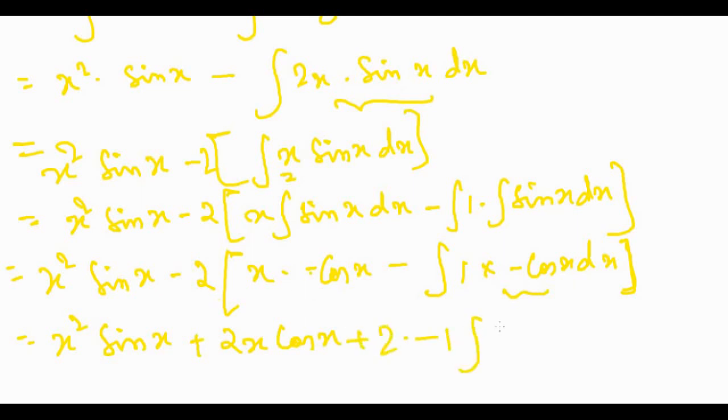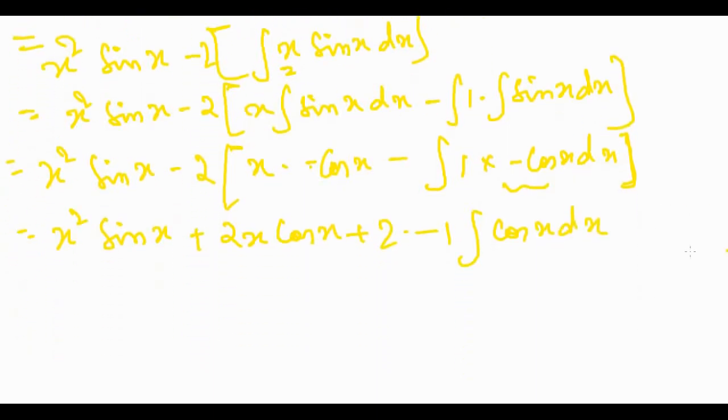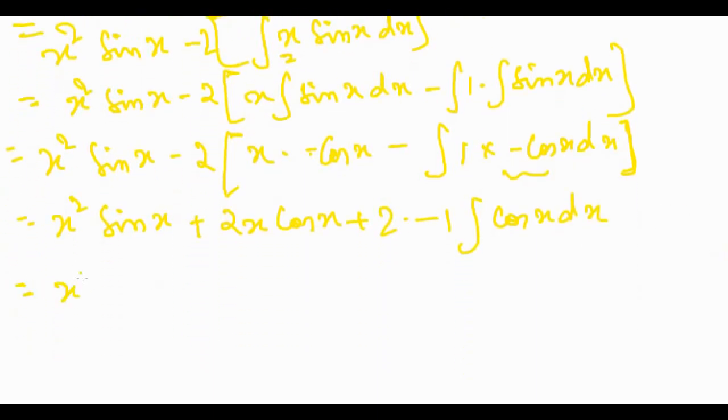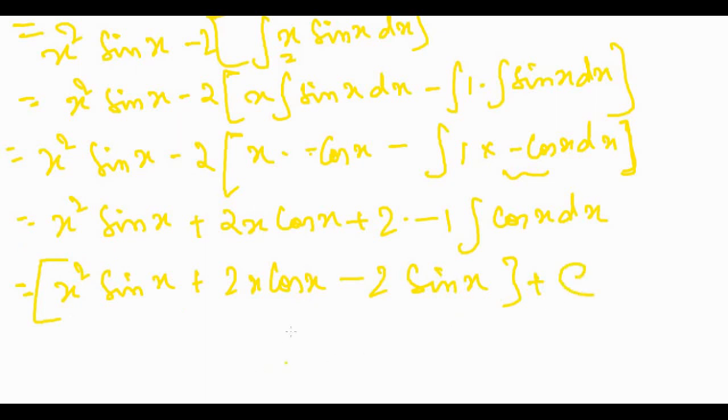Minus will come out and it's the integration of cosine x dx. We all know that d/dx of sin x is cosine of x. This process is really lengthy. So this is the final answer which we have obtained.